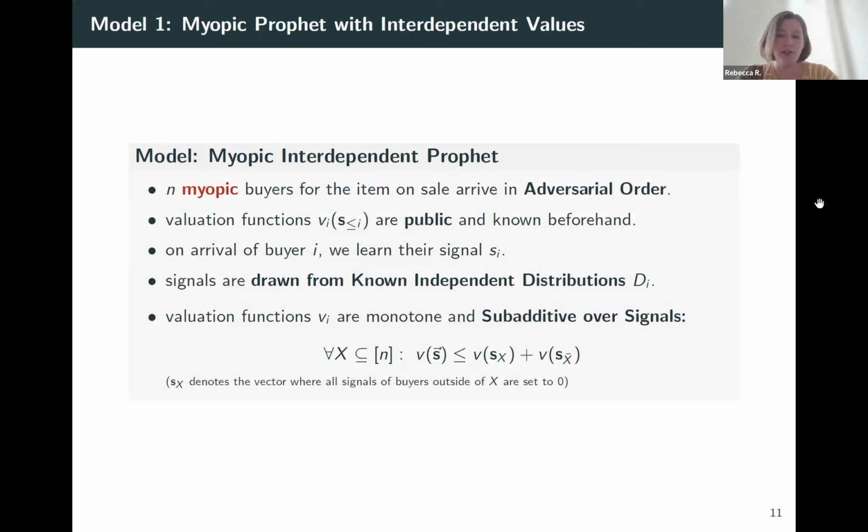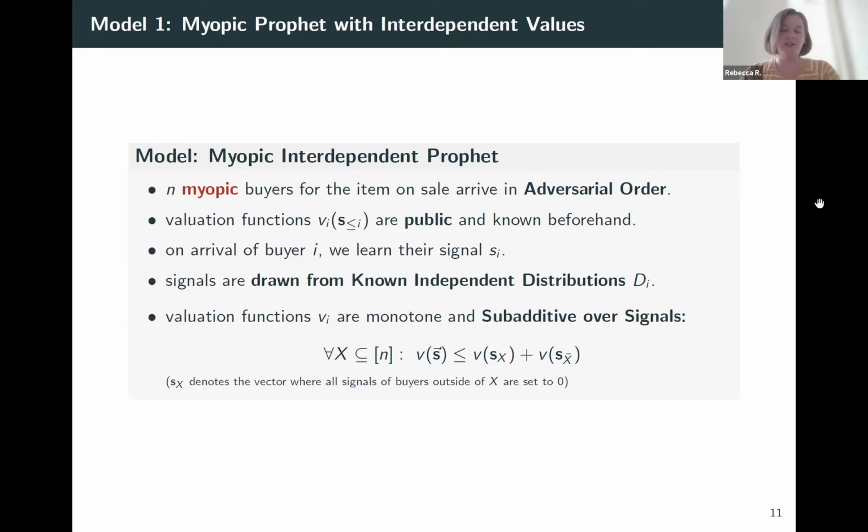We know the valuation functions. So the VI, these are public, and we are aware of them before the buyers arrive. And when one buyer arrives, we learn their signal, so the SI, which is drawn from some known distribution, DI, and the distributions are not dependent on one another, right? So the signals are independent.